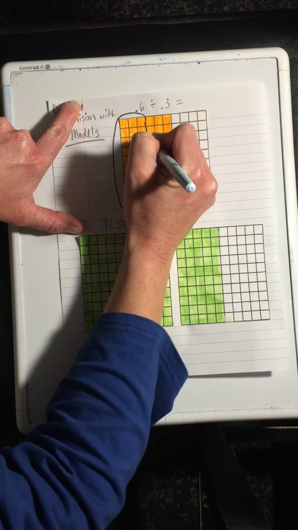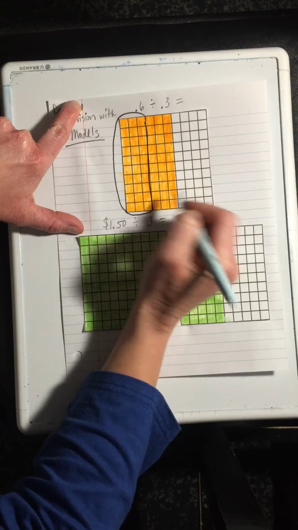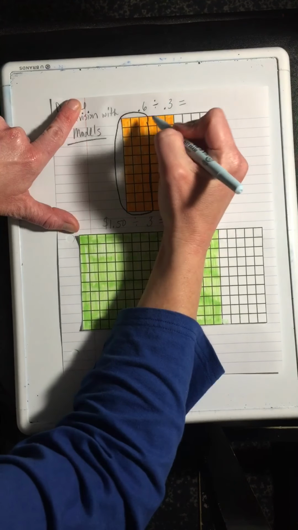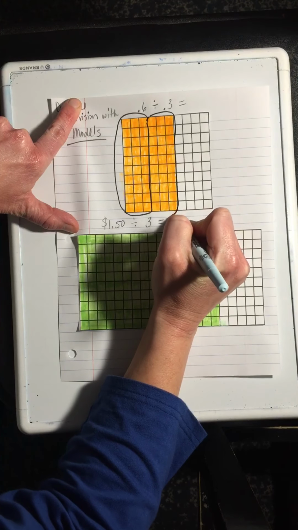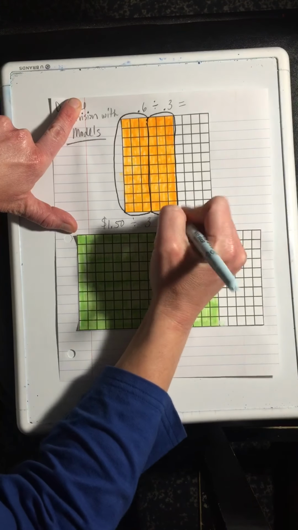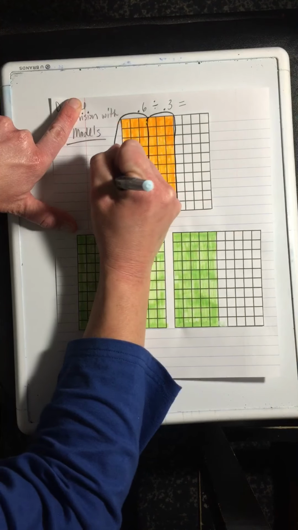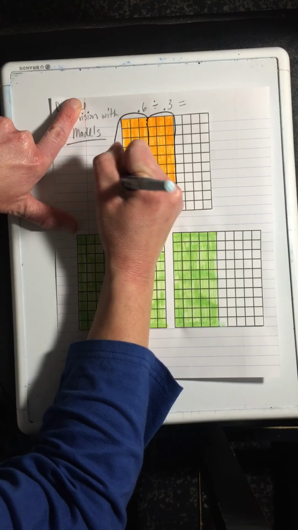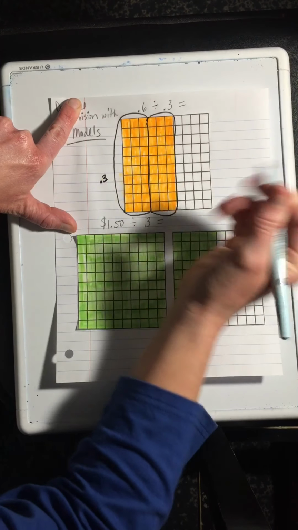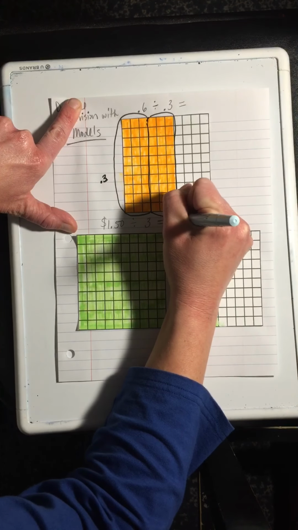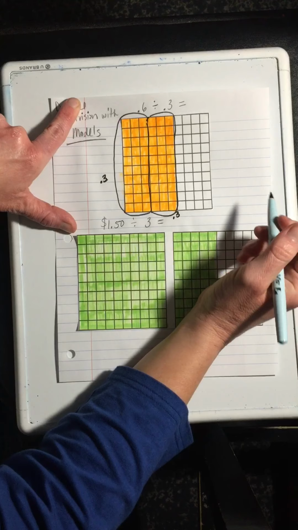this is my group of 3/10 here. And then here is my second group of 3/10. So I know that I have 3/10 in this group, and then I have 3/10 in this group.